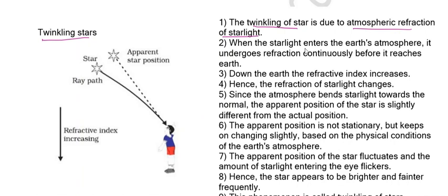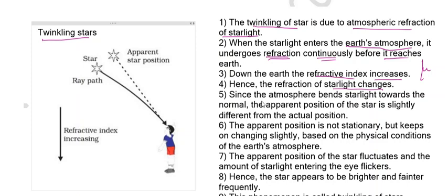When the starlight enters the Earth's atmosphere, it undergoes refraction continuously, because it has to travel a long distance across the atmosphere before reaching Earth. Down towards the Earth, the refractive index increases. How do we represent refractive index? Mu. So the mu increases down towards the Earth. Hence, the refraction of starlight changes.